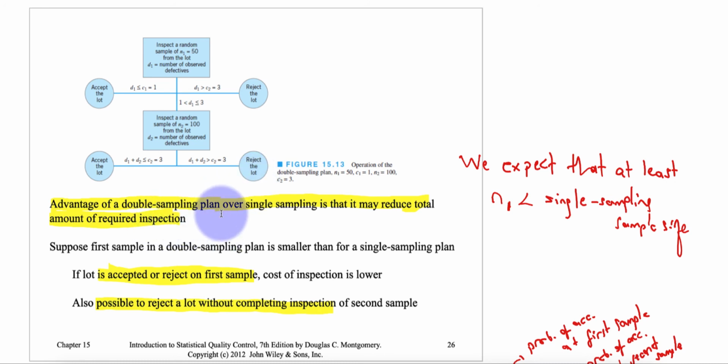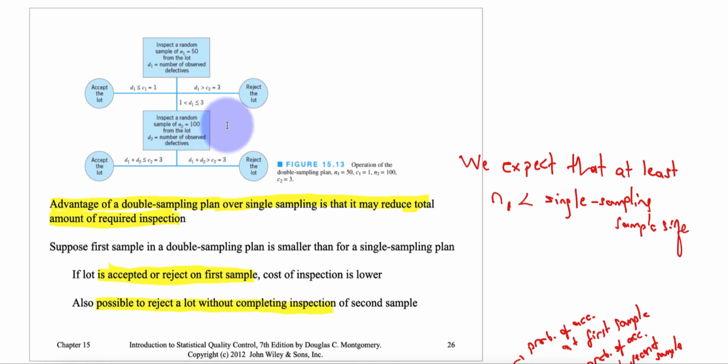The advantage of a double sampling plan over single sampling is that it may reduce the total amount of required inspection. Why? Because in the first sample, we take fewer units than in the single sampling plan. If we accept most of the lots, we don't need to go to the second sample, so this reduces the total number of inspections.